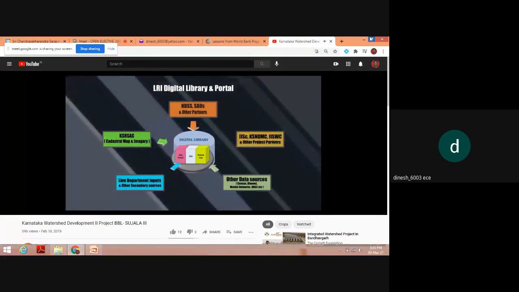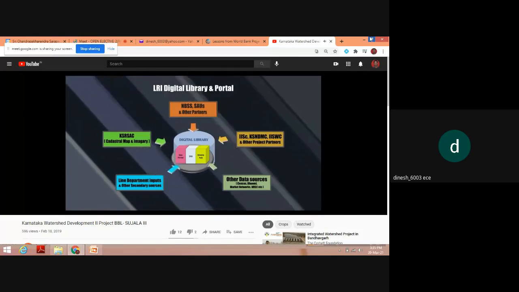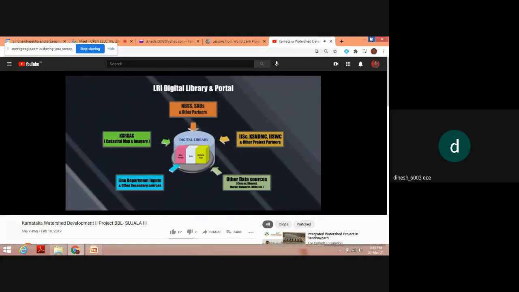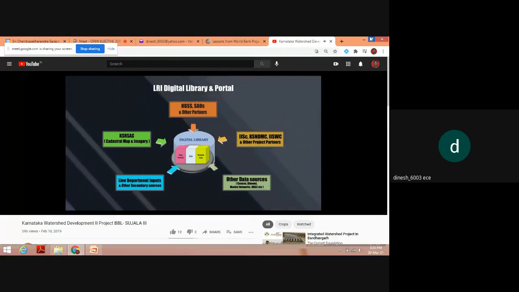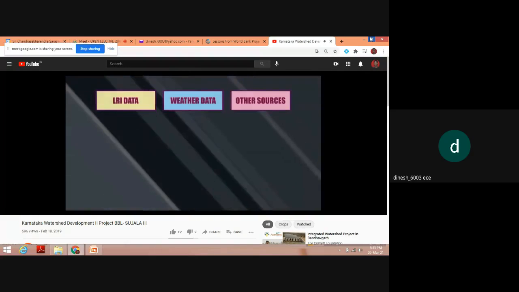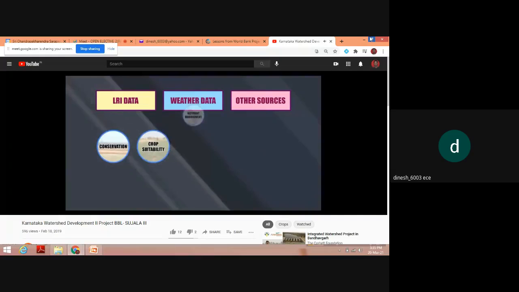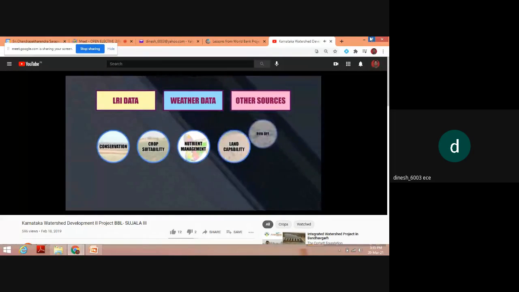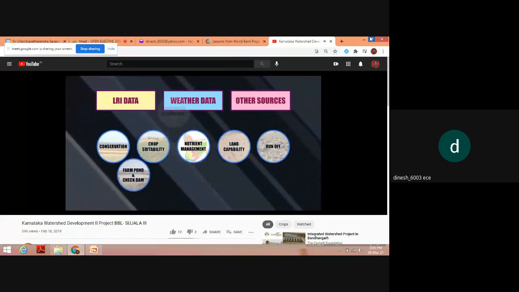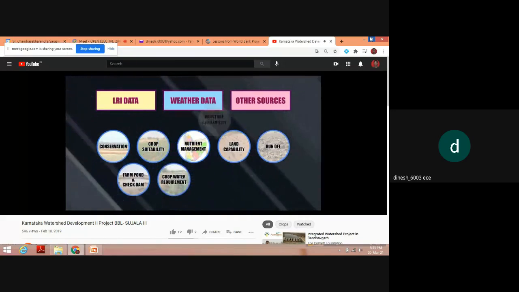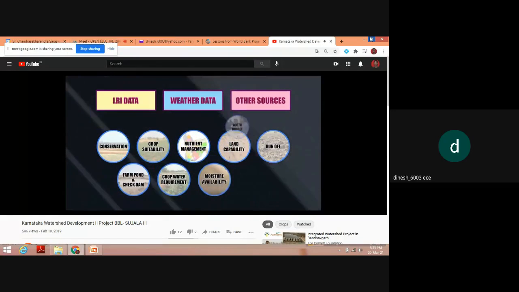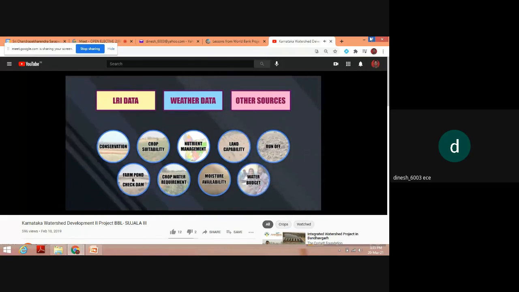The above information is migrated to the digital library and portal, which is established under the Sujala 3 project. The development of decision support systems is very crucial for providing advisories to the farmers and planners on a real-time basis. 9 decision support systems have been developed by integrating multiple data layers from LRI and other sources.